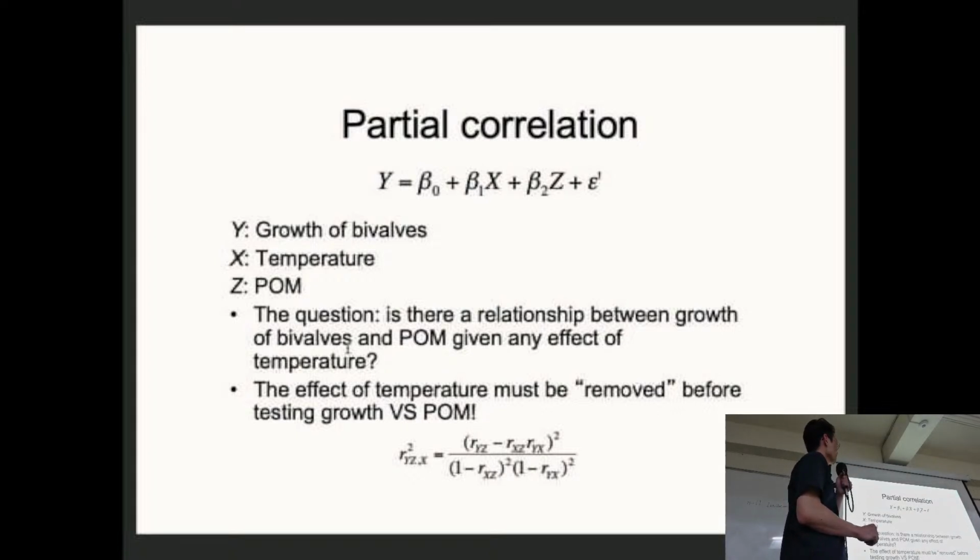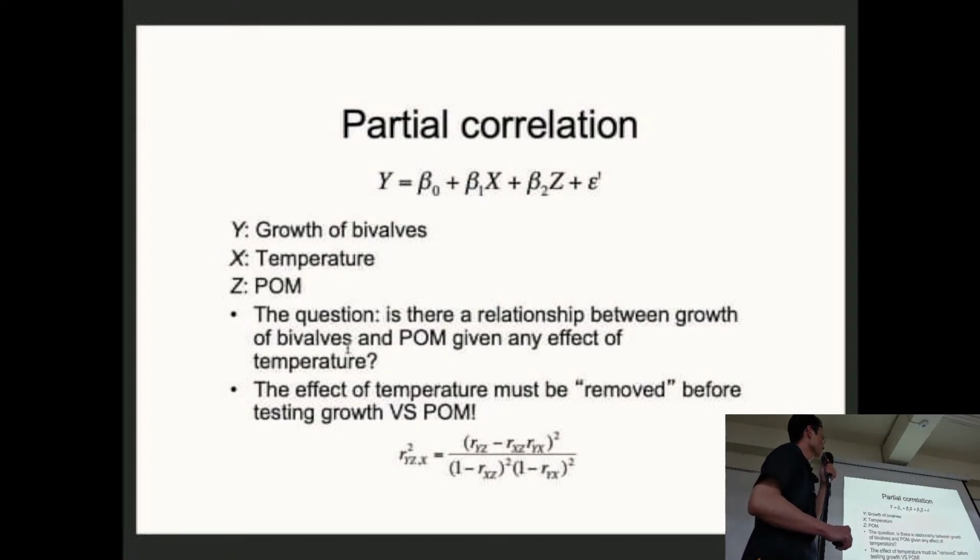However, the complication is that Z also depends on X. Z depends on X, and Y also depends on X. Under this condition, you ask about the relationship between Y and Z. The classical way to calculate the partial correlation is this way. The effect of temperature must be removed before testing growth versus POM.